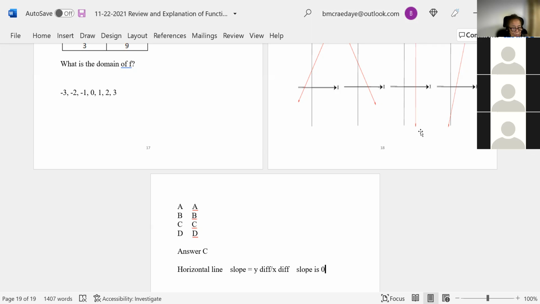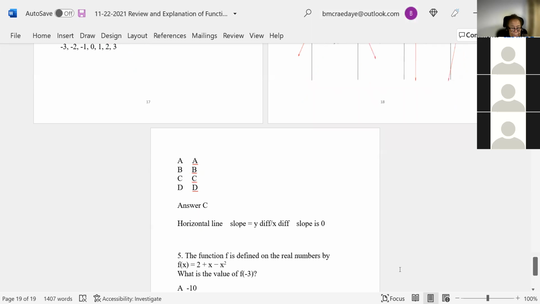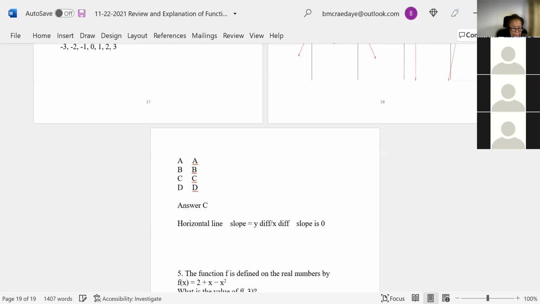Questions? Is that a division? Yeah, that's a division. Let me just do it this way. Slope equals Y difference over, divided by the X difference.